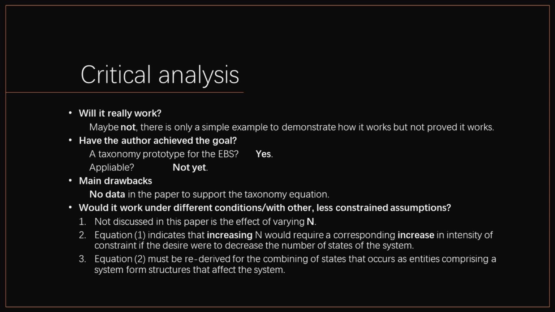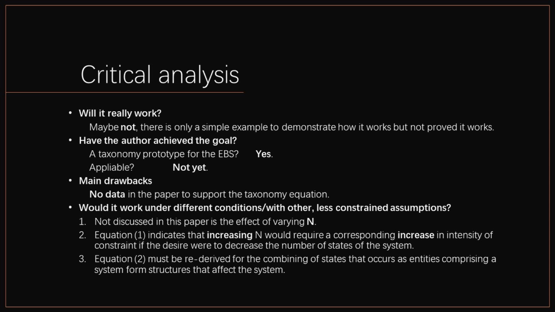The main drawback of the paper, I think, is that there's no data or experiment to support the taxonomy equation to prove that it really works. Would it work under different conditions with other less constrained assumptions? First, not discussed in this paper is the effect of varying n, which is an important parameter in the equation.